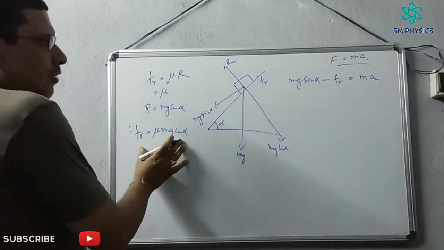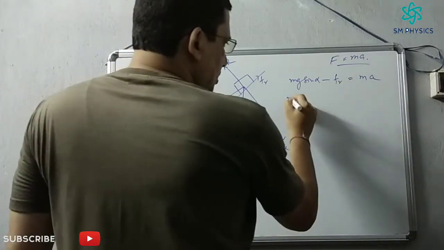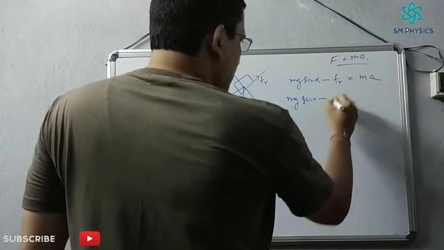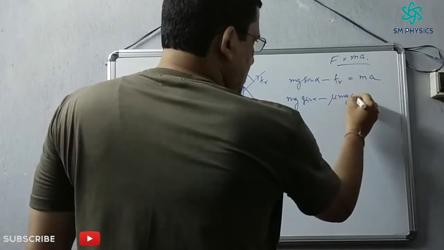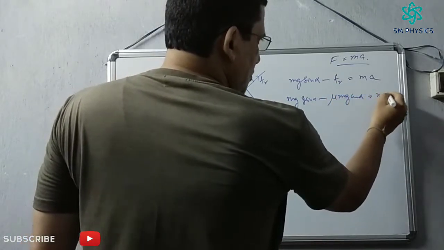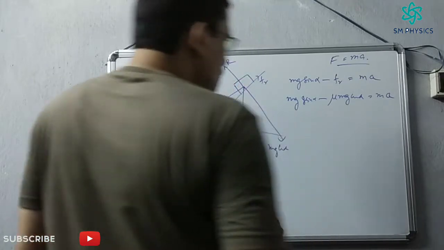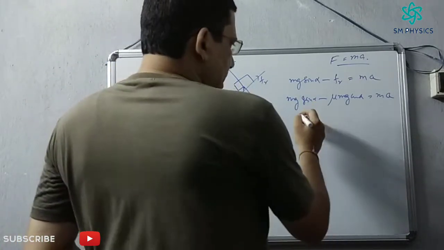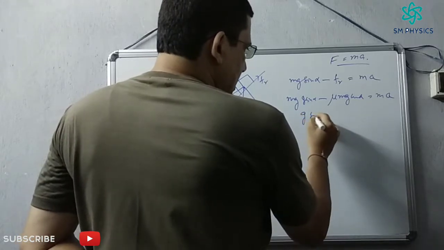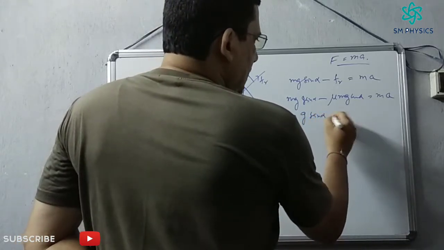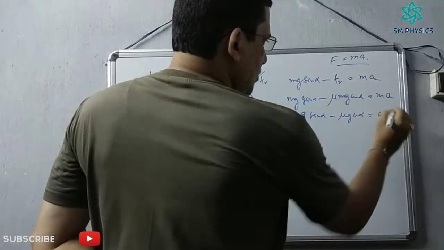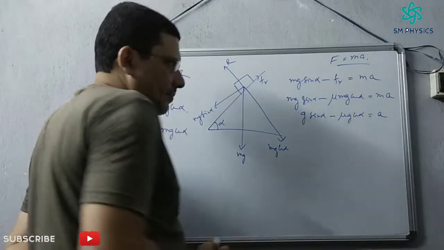Putting this value of Fr in the equation, we get mg sin alpha minus mu mg cos alpha equals ma. Eliminating m from both sides, we get g sin alpha minus mu g cos alpha equals a, the acceleration.